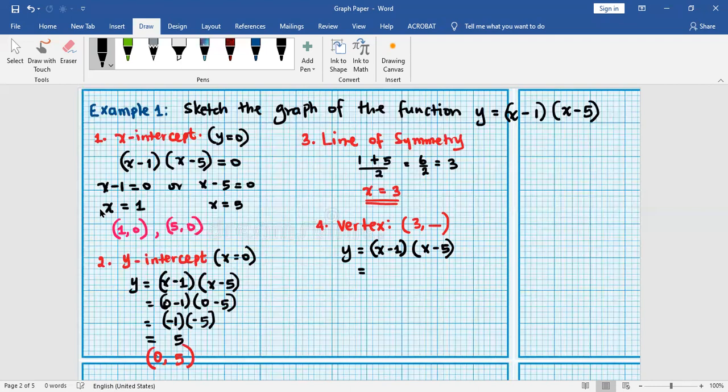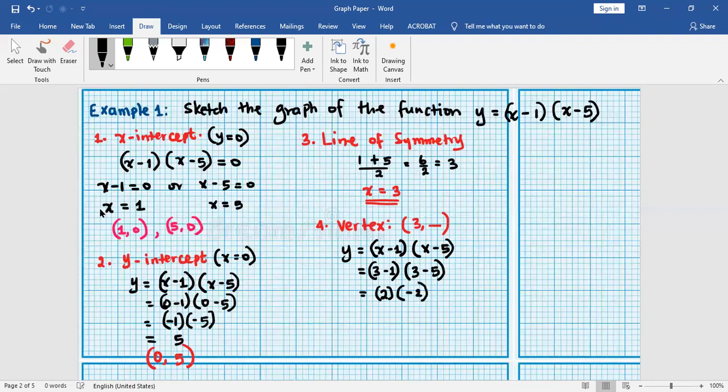So 3 minus 1 into 3 minus 5. 3 minus 1, we get 2, and 3 minus 5, we get negative 2.